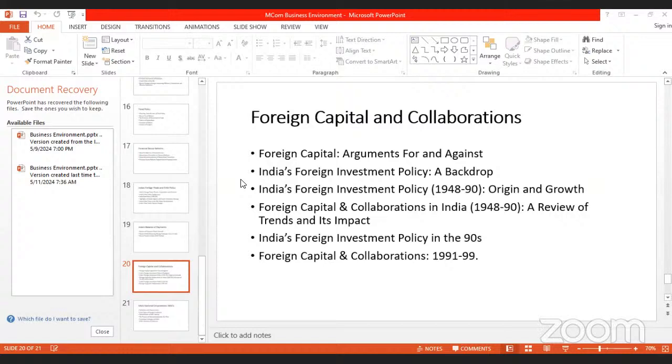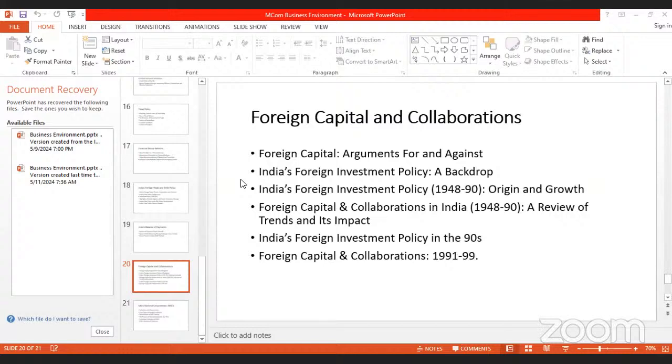Next, there were FDI policy changes. The government introduced automatic approval routes for FDI in many sectors, reducing bureaucratic hurdles and increasing foreign ownership caps. Next, in this investment policy, there were sectoral openings.